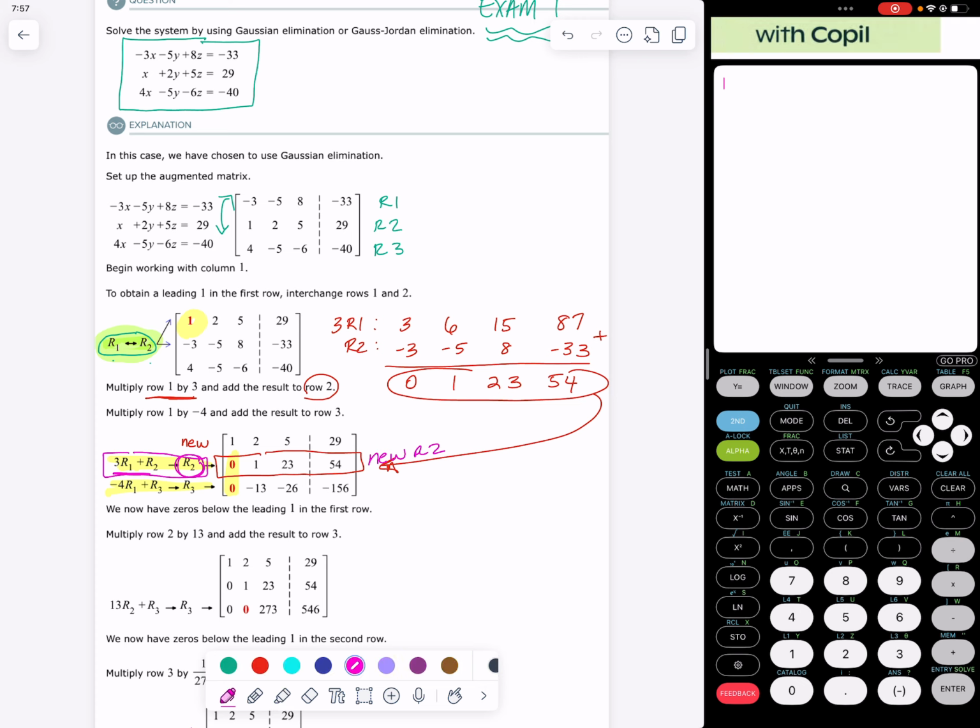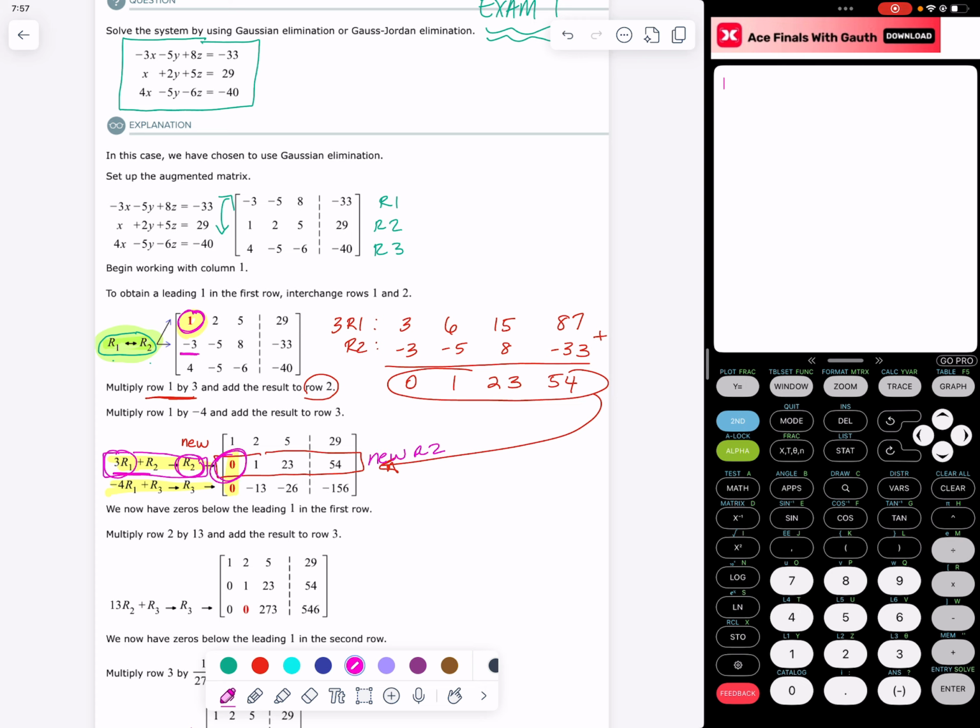How do you come up with those? You use this 1 in the first row to get what you want. Can you see you need to get rid of a -3? So we're going to need a +3. So 3 times row 1 would be 3 plus a -3, and that's where you get this 0.